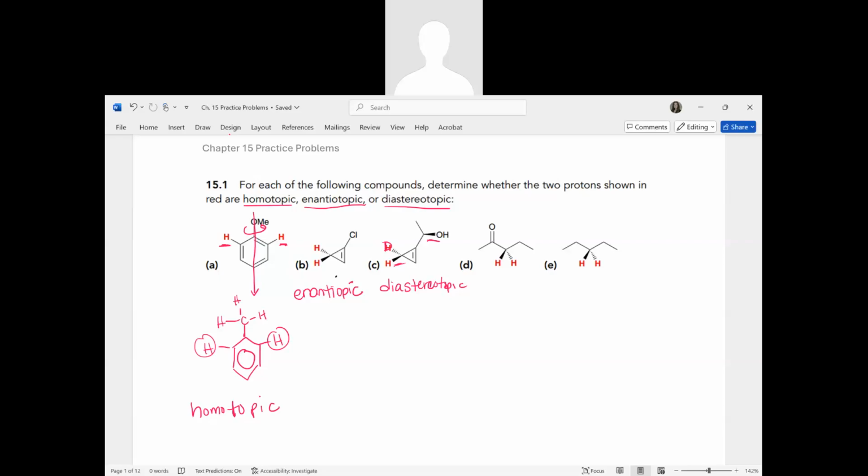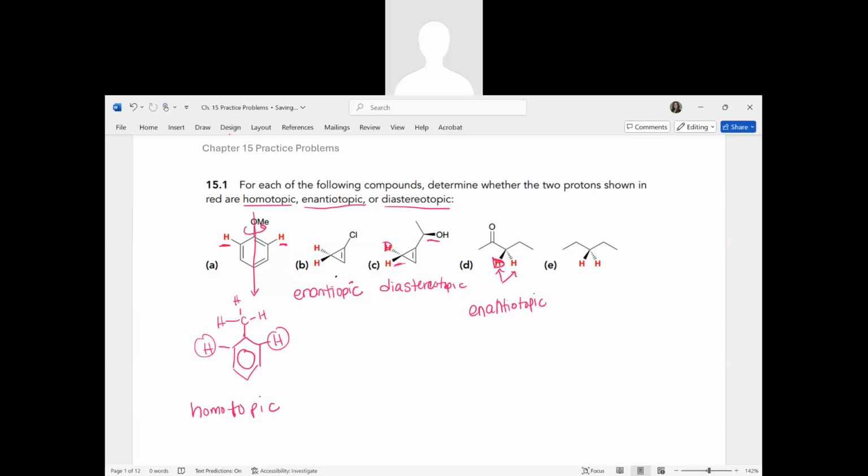So if we divided this molecule in the same plane that it is in, we could see that these two protons are enantiotopic. Through the replacement test, we could replace one or the other, and we would find enantiomers. For those reasons, we have enantiotopic protons shown here in compound D.